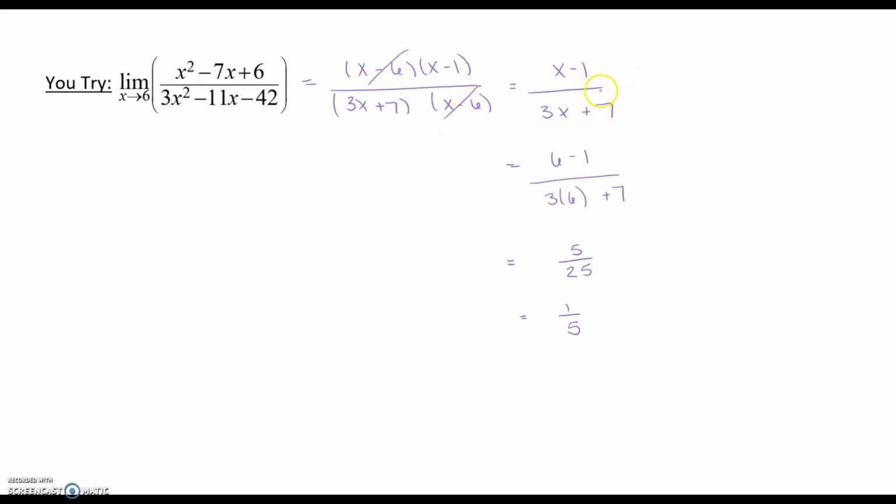You're left with x minus 1 over 3x plus 7. So now from here you can use direct substitution and see if it does work, and you should get 1/5. So that means the limit as x approaches 6 of this function, which I'm just going to call f of x, equals 1/5.